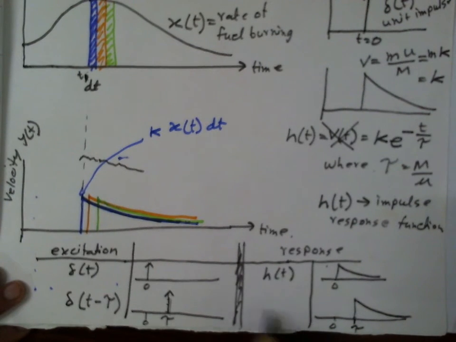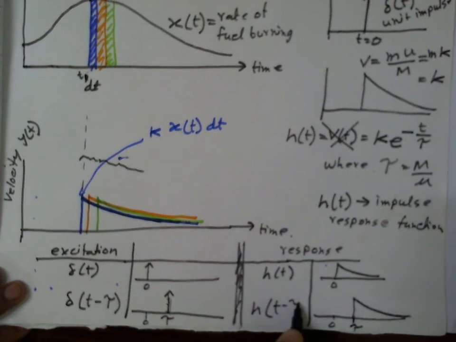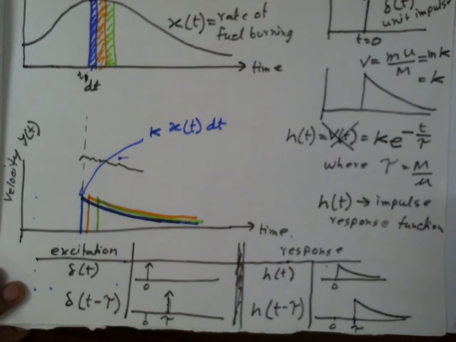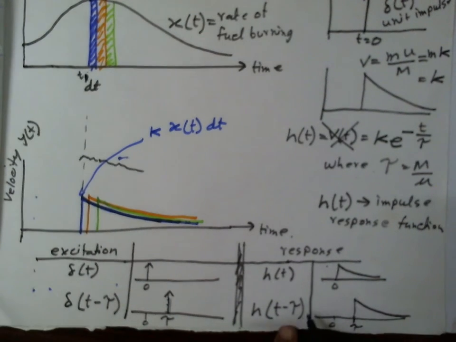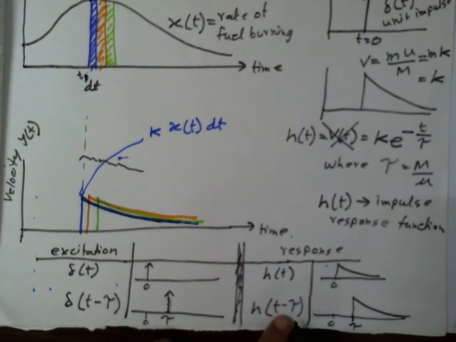So this function I should then call h t minus tau. Why? Because if I write t minus tau, then when t is equal to tau, this is 0.